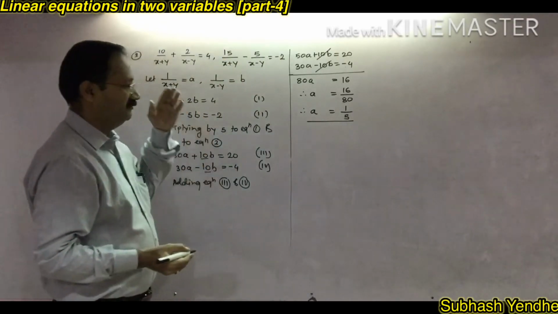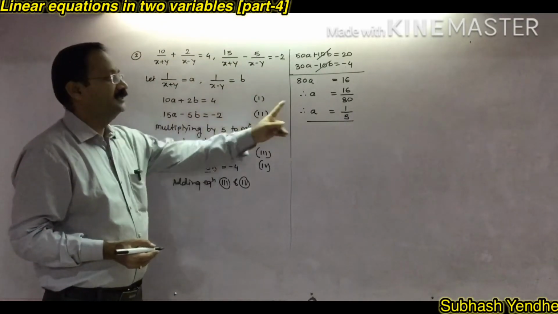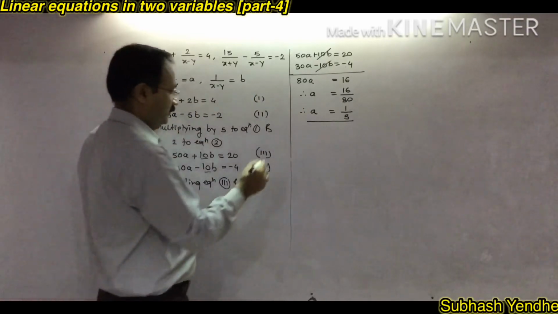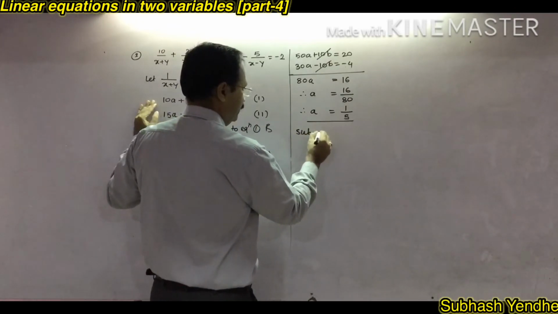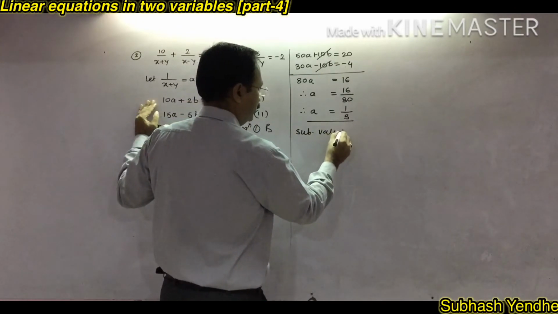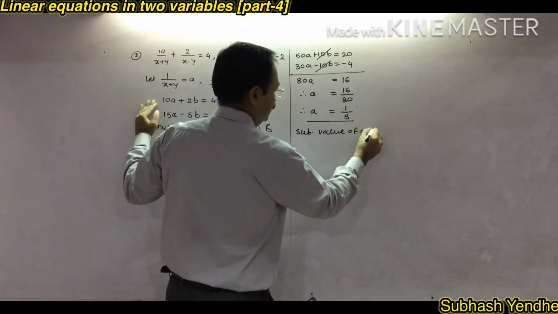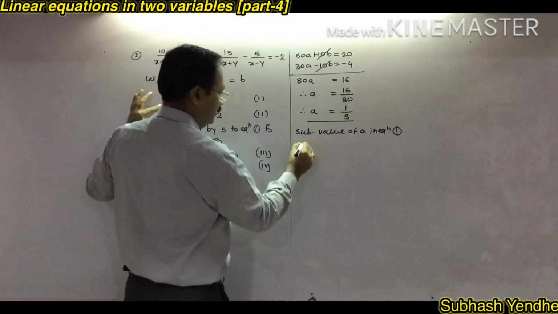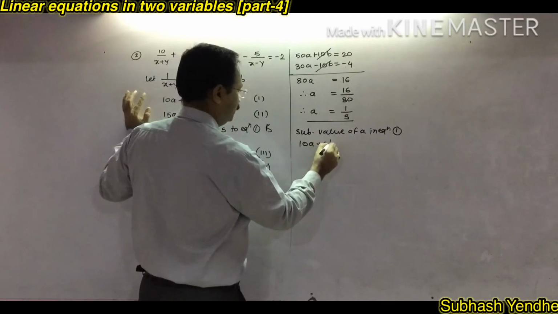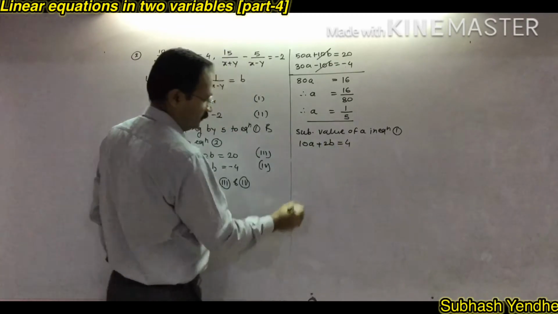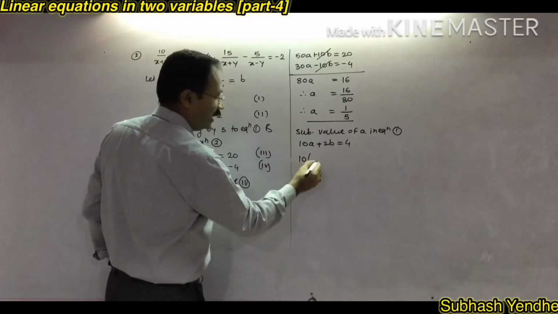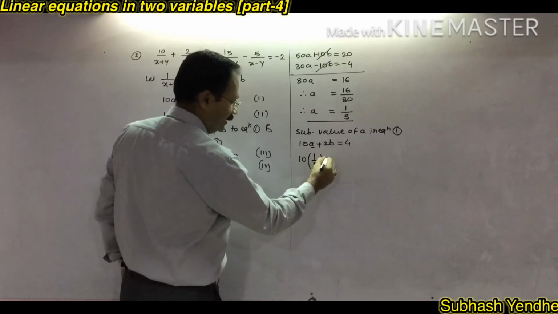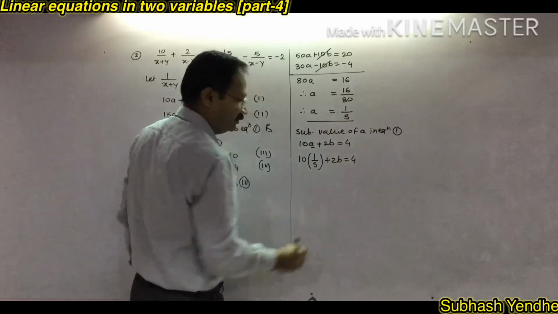Similarly, you have to find out the value of b. How can we? Now substitute the value of a in equation number 1. So which is equation number 1? 10a plus 2b equals 4. So 10 in bracket you have to write 1 upon 5 instead of a, then 2b will be as it is, equals 4.